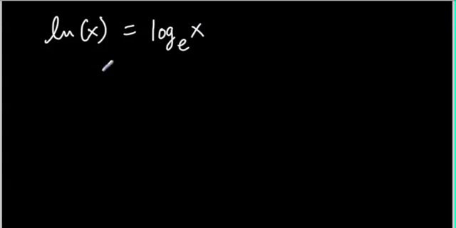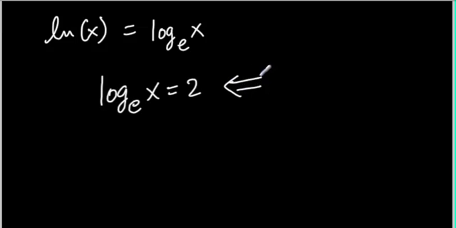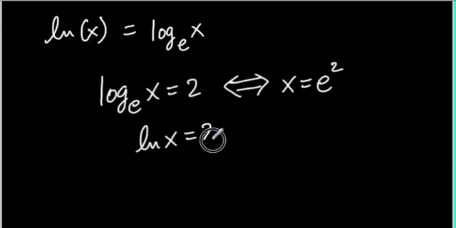So for example, if I said log base e of x is equal to 2, and I want to change it to exponent form, remember this means e to the power of 2 equals x. So x is equal to e squared. That's what it means. So if I said ln x is equal to 2, these two are exactly the same thing.